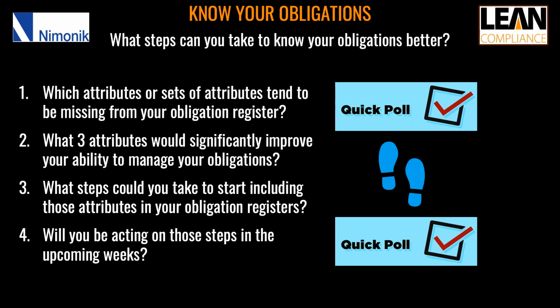And that's something for you to take away and to think about with the way that you answered it previously. And then what steps could you take to start including those attributes in your obligations register?